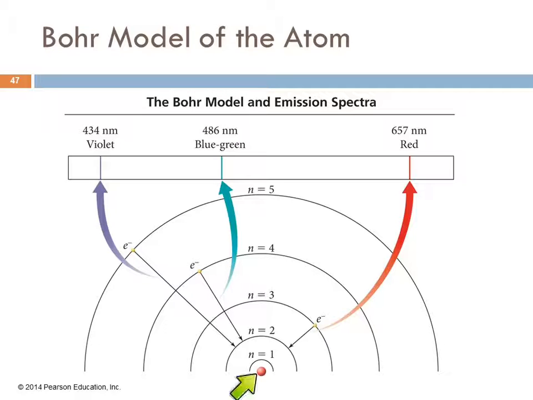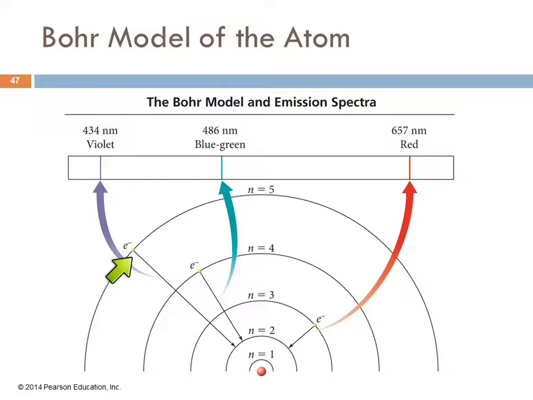So the Bohr model says here's the nucleus, here's energy level 1, the first orbit, the second orbit, the third, the fourth, the fifth, and each of these has a specific amount of energy. So when we take that emission spectrum for hydrogen, and we see this violet light with a wavelength of 434 nanometers, that corresponds to the energy difference between level 5 and level 2.